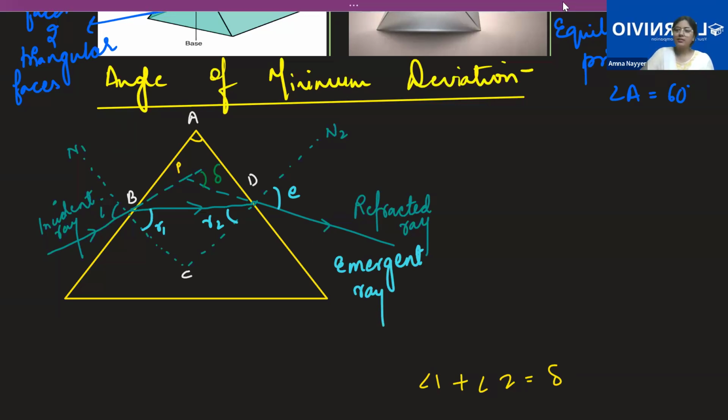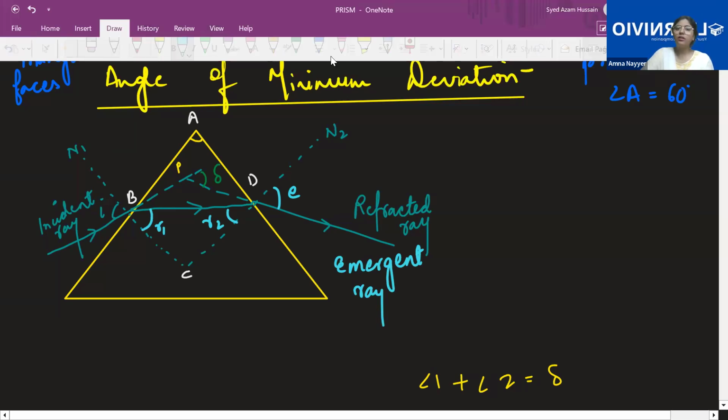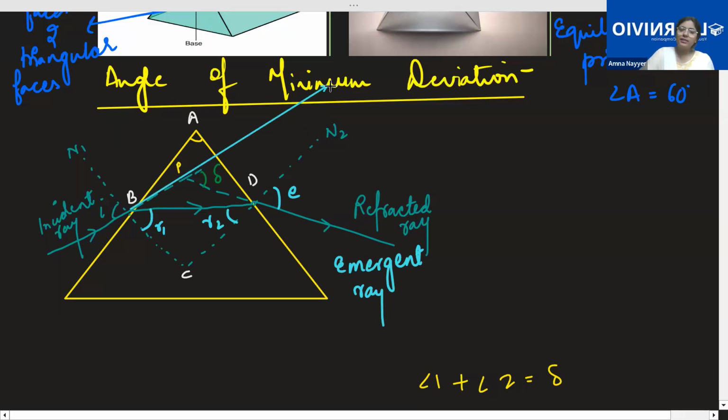Okay. Now see class, if it wasn't for the medium changing, the incident ray would have had a different path. Do you agree that the incident ray would have gone like this? This would have been the path if the glass's refractive index wasn't affecting. Now see what is happening.